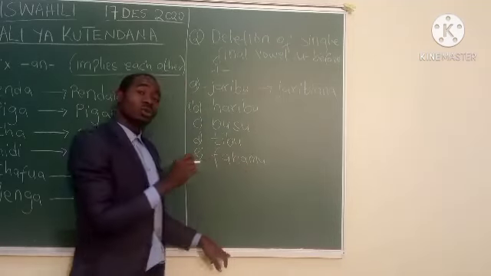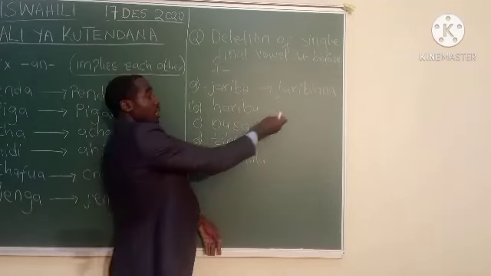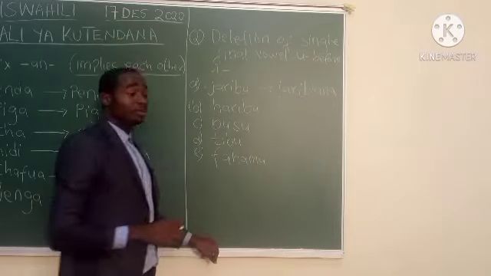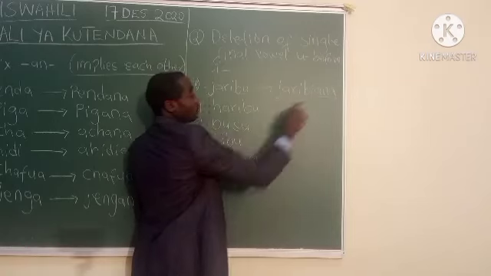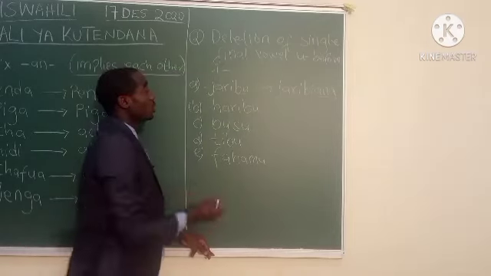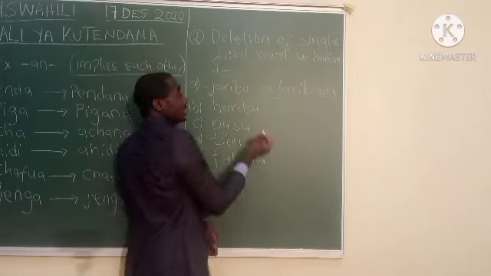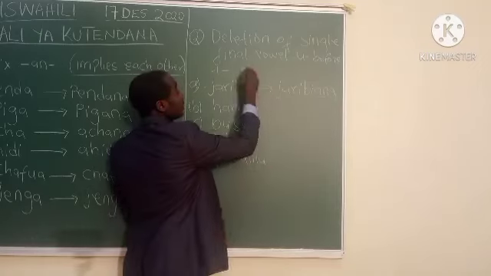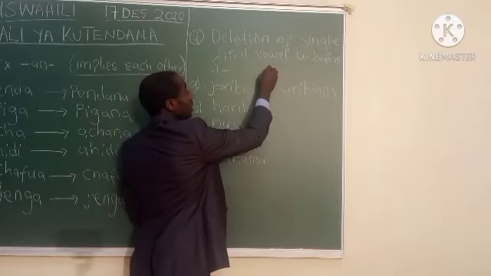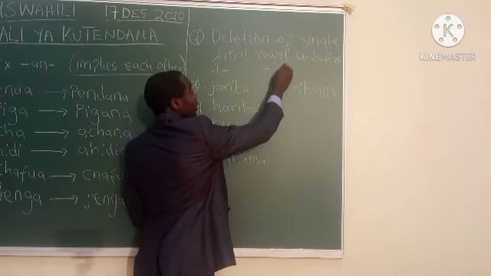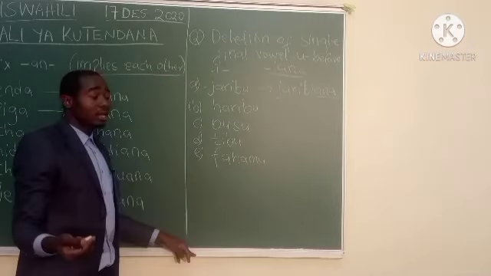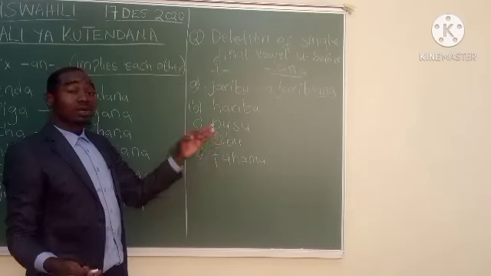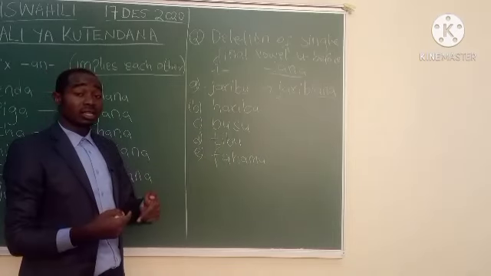It has been omitted, so e came there, and we add the ending. So in general we'll say it is replaced and added. Jaribu, jaribiana, try each other, sawa.